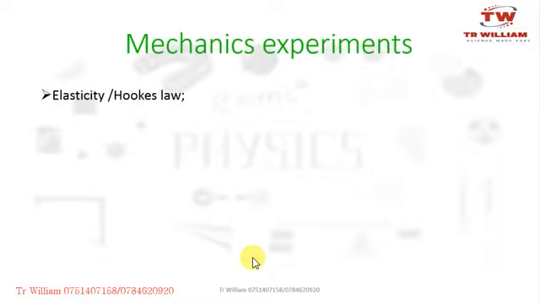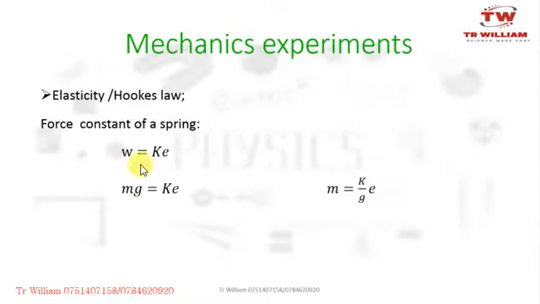For Hooke's law, suppose I'm supposed to determine the force constant of a spring. I will just use the normal formula, force equals Ke, where the force is the weights that I'll be adding on the spring, and e are the extensions produced by those weights. If I replace weight with masses, that will be mg equals Ke. Implying that if I want to remain with only mass here, mass will be equal to k over g times e.